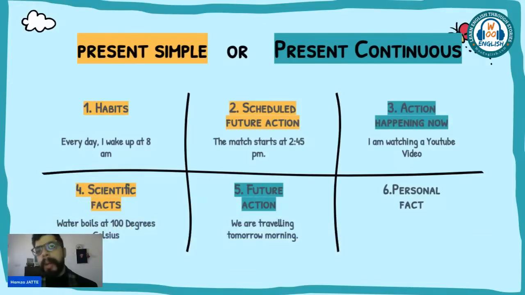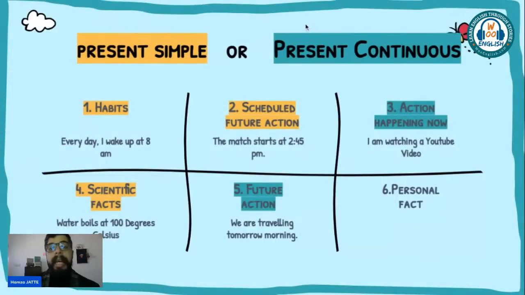Indeed, you are absolutely correct, Hussein. Personal facts are something that is true about me or about someone, but it's not true about everyone. If it's true about everyone, then it's not a personal fact, it's a scientific fact. So for personal facts, we use the present simple.